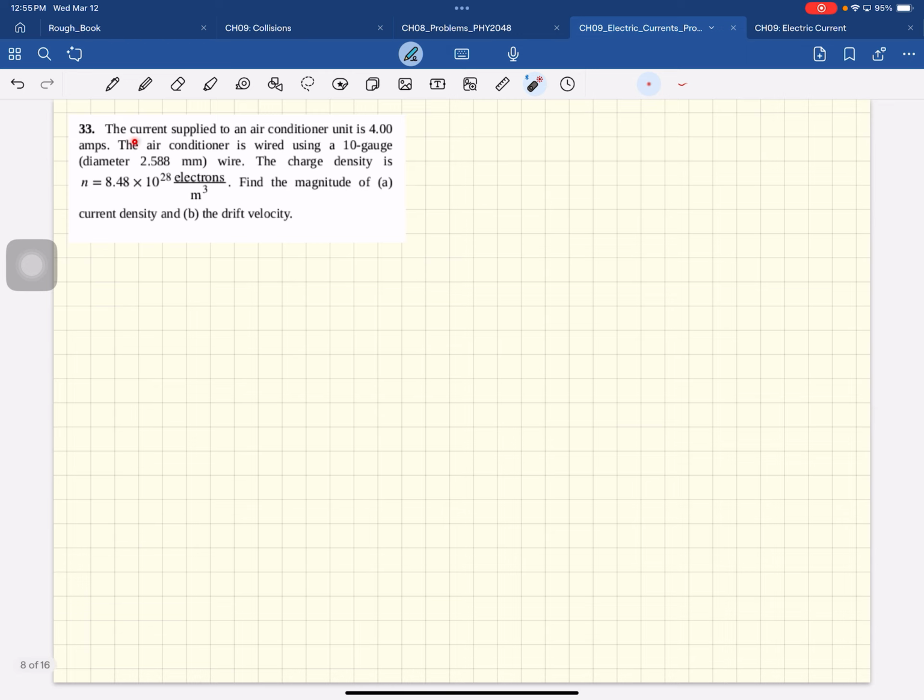The current supplied to an air conditioner unit is 4 amps. The air conditioner is wired using a 10 gauge, 2.588 millimeter diameter wire. The charge density is that.